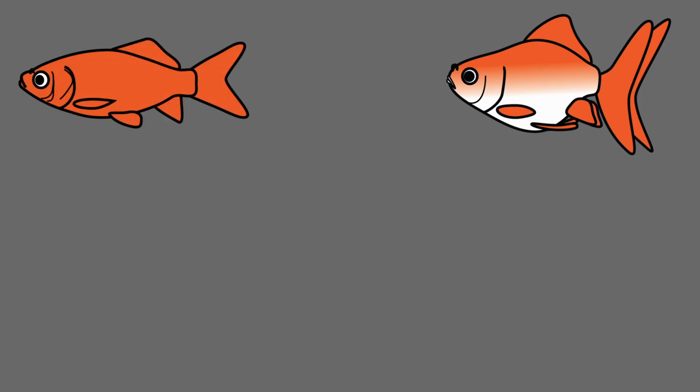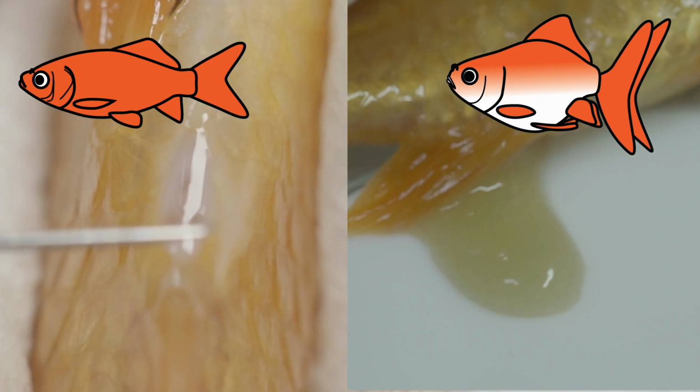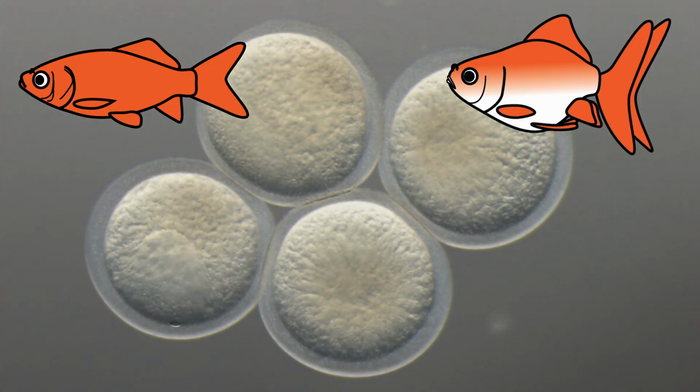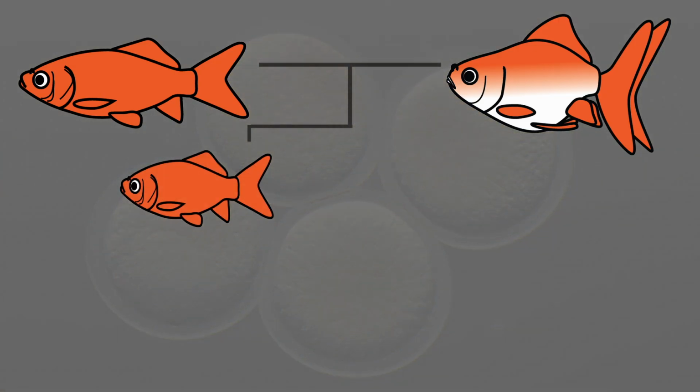To confirm this, we conducted a crossbreeding experiment. First, sperm and eggs were collected from a wild type and a twin-tail goldfish and fertilized artificially. The hybrid goldfish obtained from these parents were raised to adulthood.